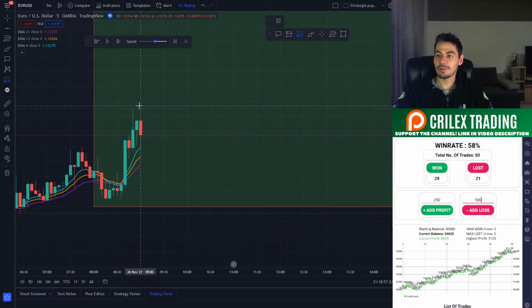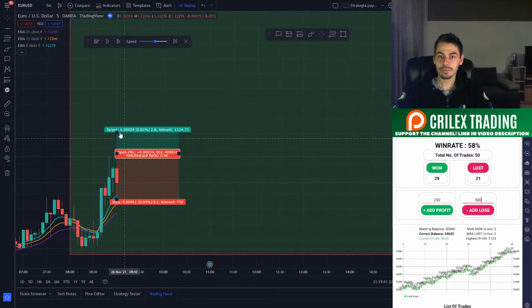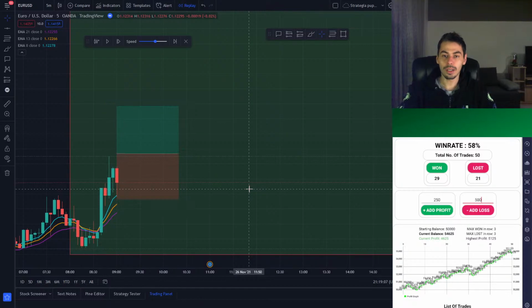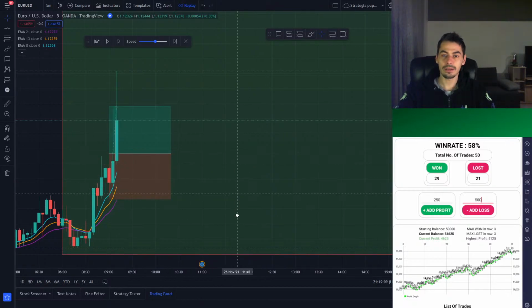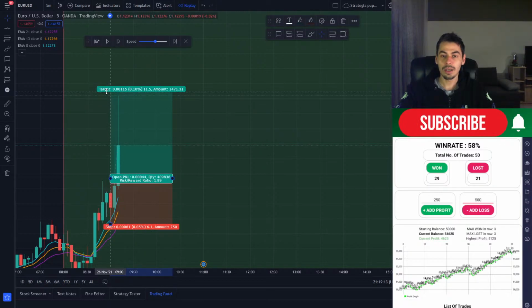Let's see if we can get an entry right here. The initial take profit will be at 1 to 1. We get triggered, and right away let's see if we hit 2 to 1. We don't hit 2 to 1.